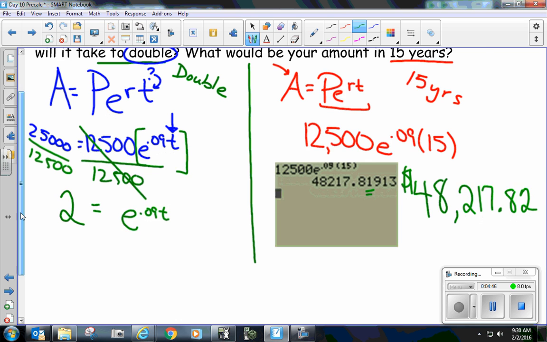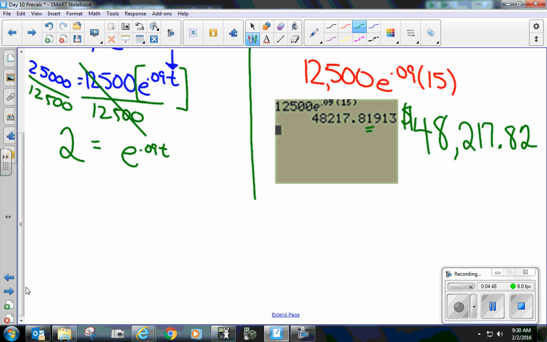What do I do at this point? Which one, log or natural log? I say sometimes you can use either, but I always tell you use natural log so there's no confusion. But why here would I want to use natural log? Yes, thank you very much. When I use natural log, it cancels with the e.